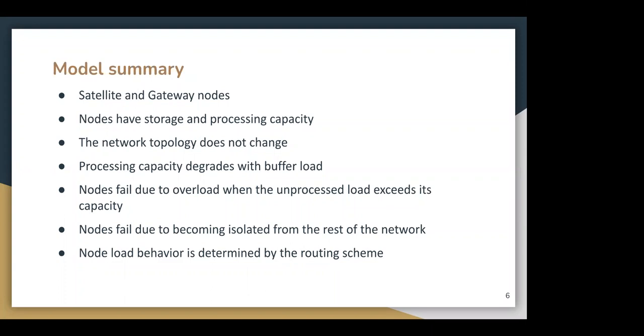In this regard, the model offers a lot of parameters that can be adjusted to simulate different routing schemes, but a lot of this is heavily dependent on how we are routing the data.